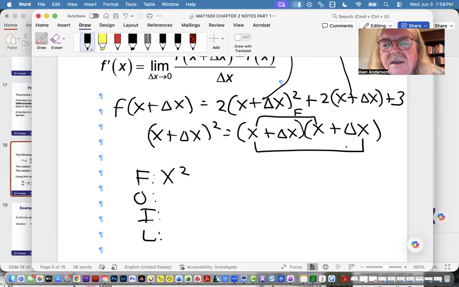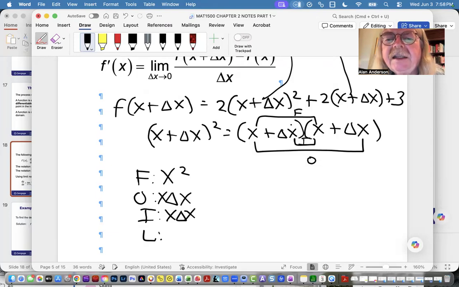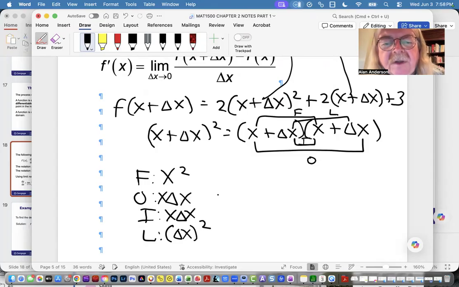O is these two. It's just called x delta x. And this one is the same, actually, even though it's written in a slightly different order, it's x delta x. And then here last would be delta x squared. So when I bring this together, I get x squared plus 2x delta x plus delta x squared.